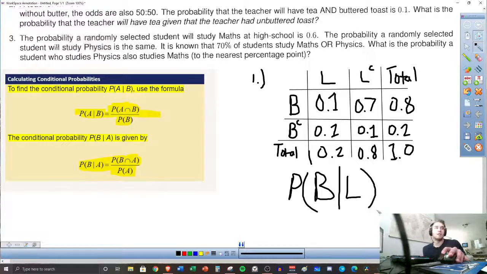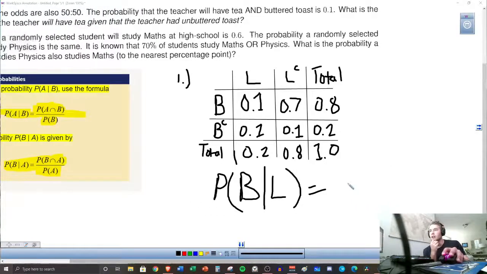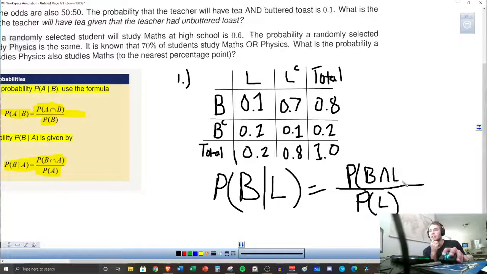Now there are a lot of ways to think about this, but I do want you guys to practice with this formula. We have our formula over here, so we're going to use that. We write it like this. Always in the denominator is the right one. So this is the probability of late divided by the intersection of the events, probability of bus and late.